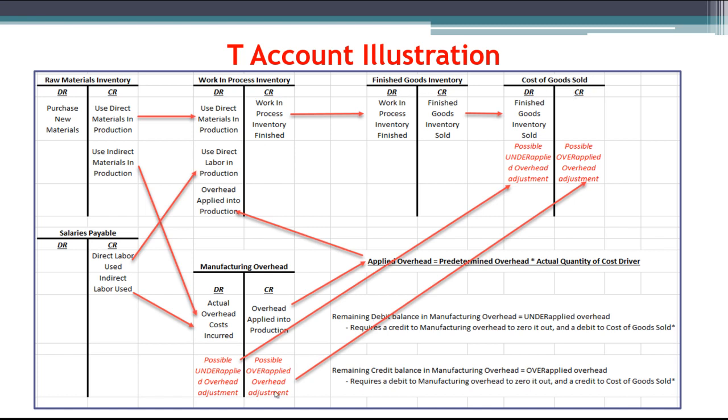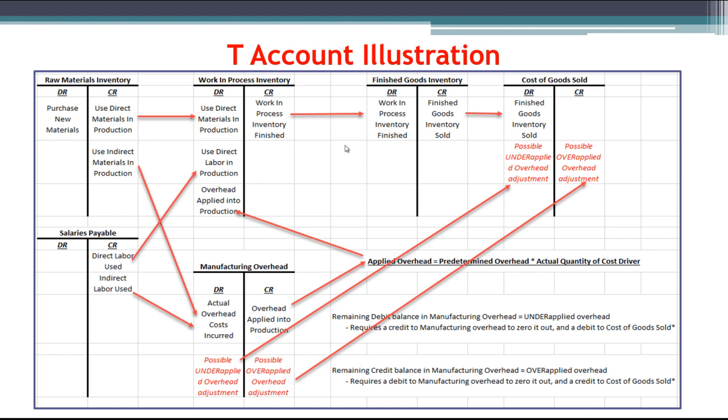In those situations, sometimes they'll tell you that we're going to prorate it between the accounts. So for simplicity, let's say the balance of work in process is a third of the total of these three. In other words, they're all a third of the total. They're all equally spread out. In that situation, you'd just say, let's take this over or under applied overhead and spread it equally three ways.